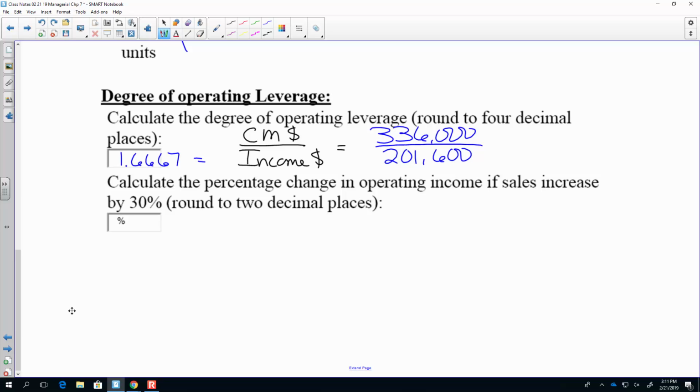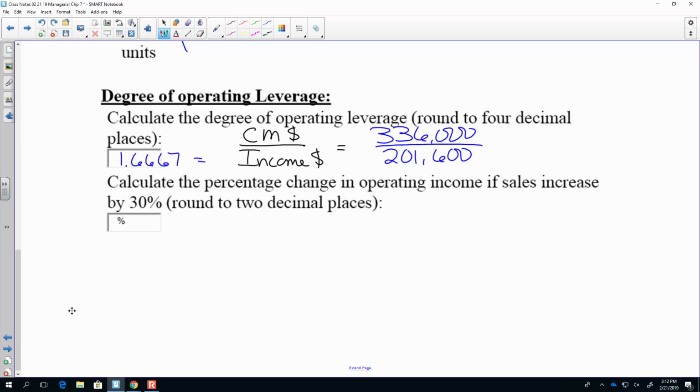Okay. So now it's asking, what is the percentage change in operating income if sales increase by 30%? So here, what do I do, guys?